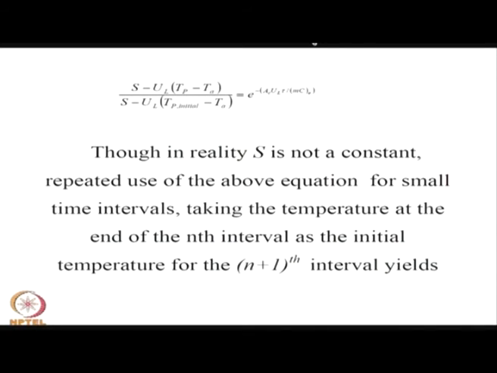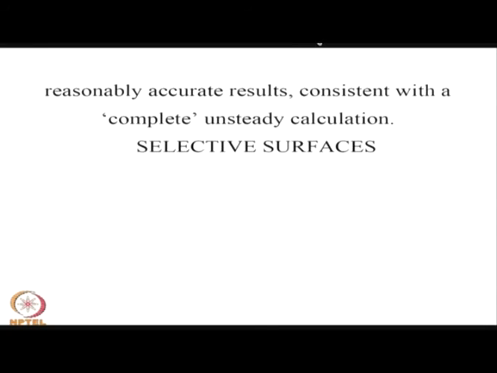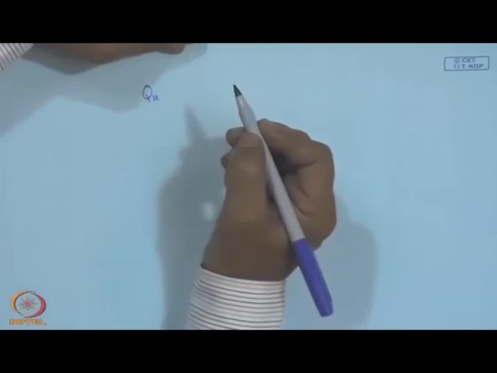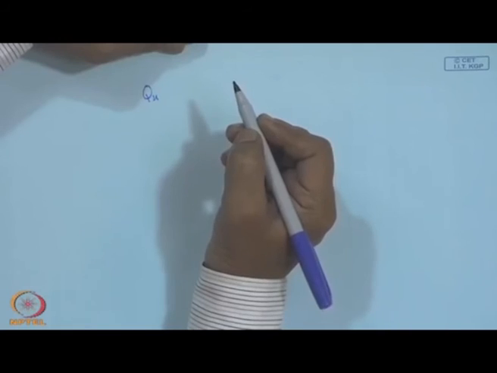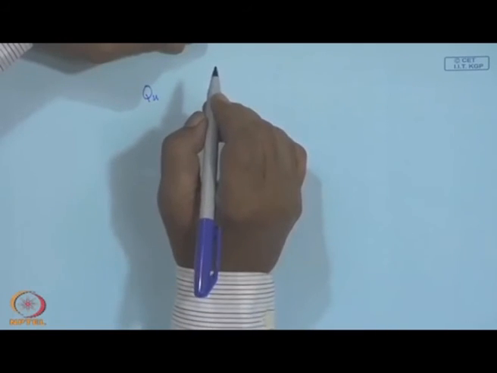So, as far as the liquid heating collectors are concerned, we made certain number of assumptions, obtained an equation for the useful energy gain by energy balance, simple energy balance.